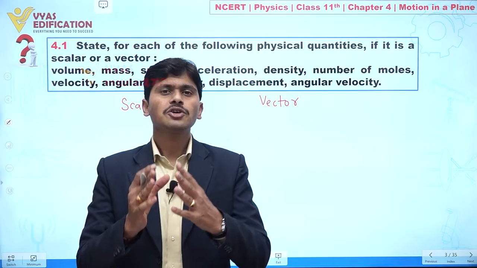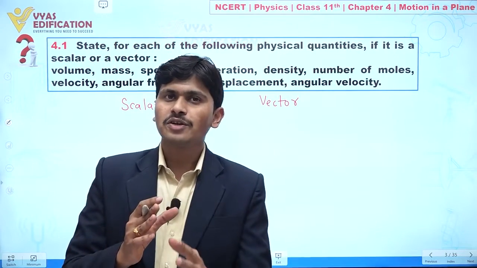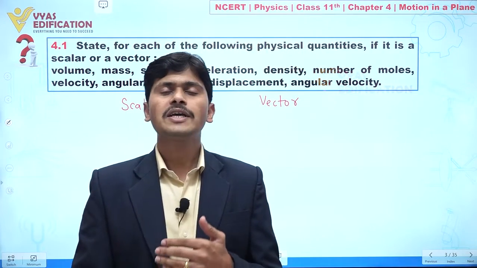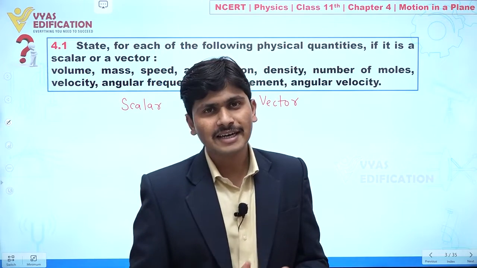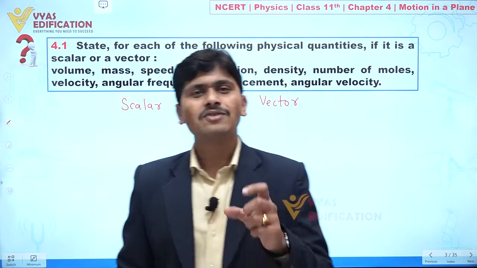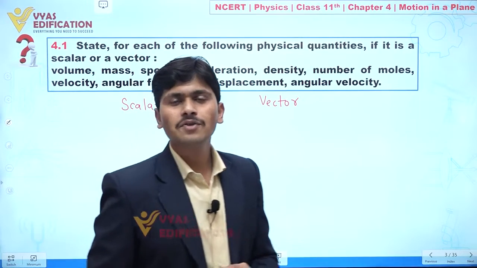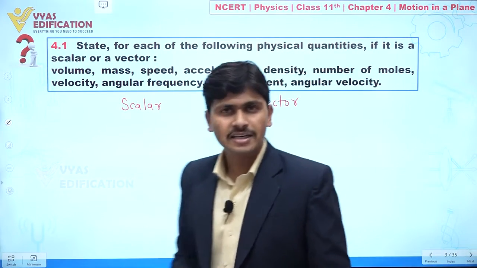So in short, if with magnitude and unit we have direction, or the physical quantity follows the law of vector addition, then that quantity is a vector. So now we have to find which one is a scalar quantity and which one is a vector quantity.